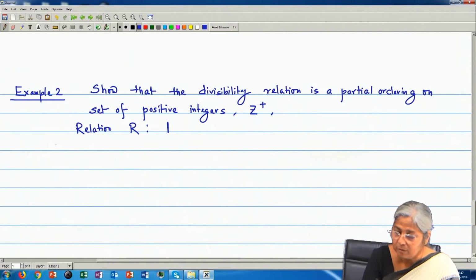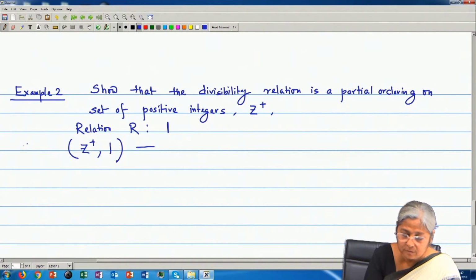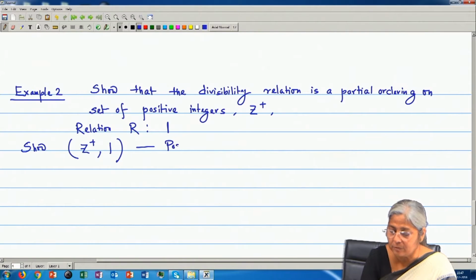So we have to show that Z plus with the divisibility relation is a poset.